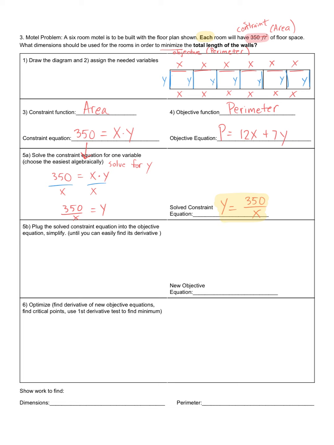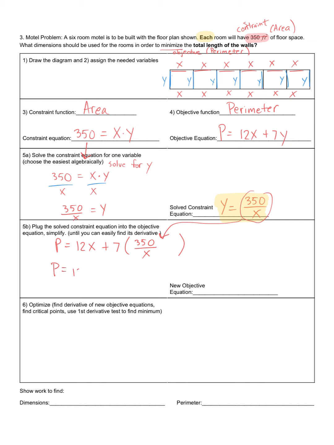Okay, so now we plug that in to our objective. So I'm going to bring my objective equation down. Perimeter is equal to 12x plus 7y, blank set of parentheses for y, and I'm going to plug this in for y right here, 350 over x. All right, now we've got some work to do, because again, our goal is to take the derivative of this, and this is a big mess, so we're going to clean it up.